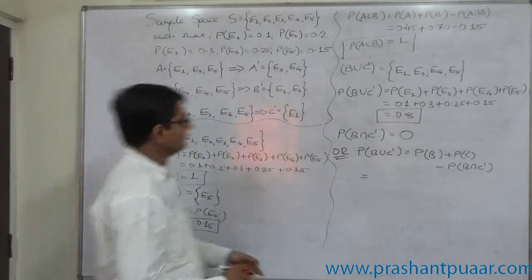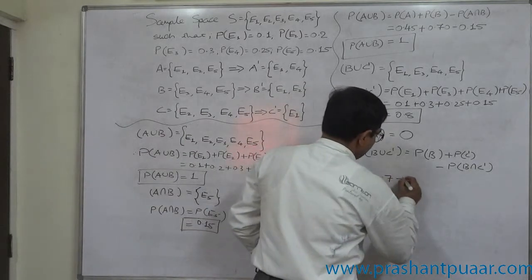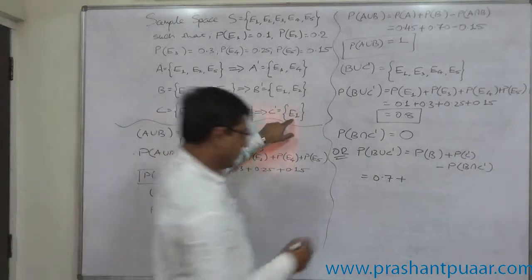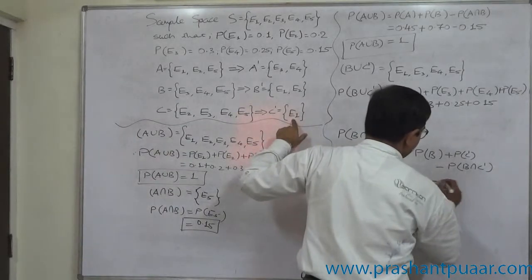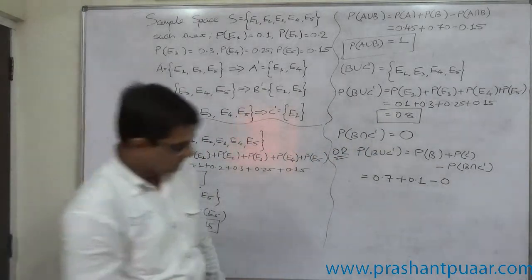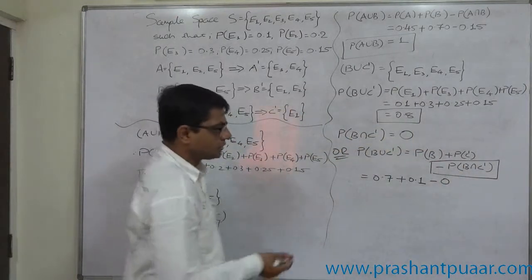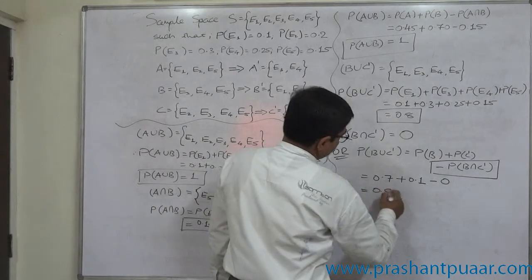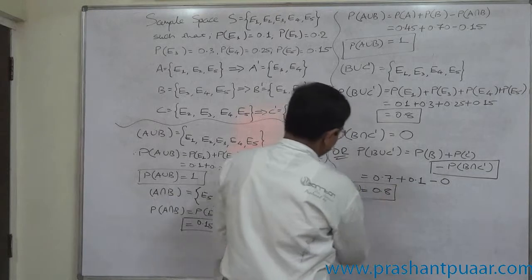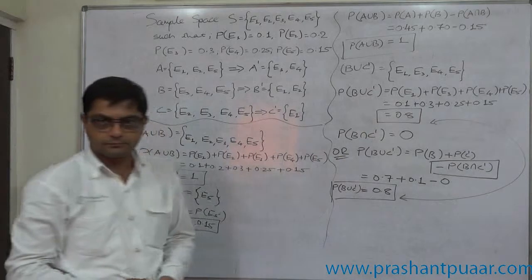P of B is 0.7 plus P of C complement 0.1 minus 0. Actually, we should use the formula of the special law of addition of probabilities because the intersection is 0. So ultimately, P of B union C complement comes to 0.8. Got it?